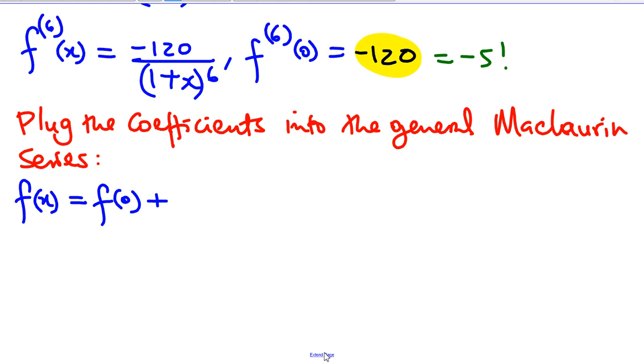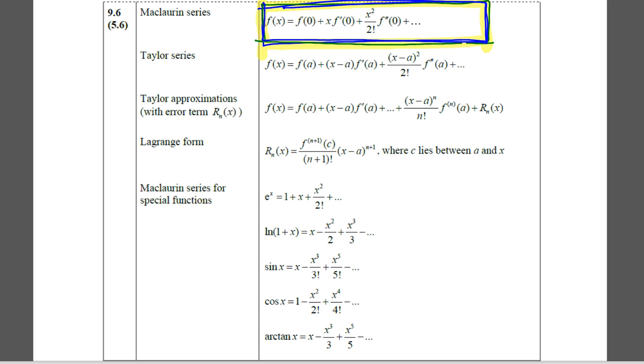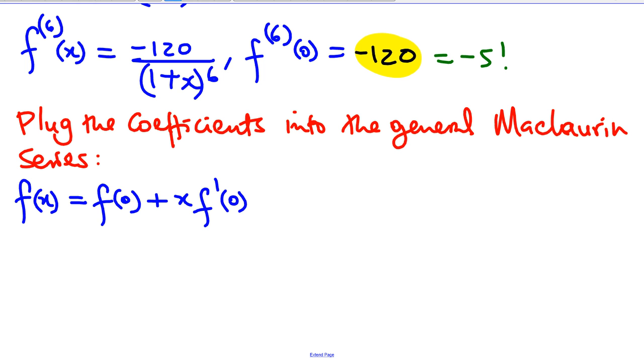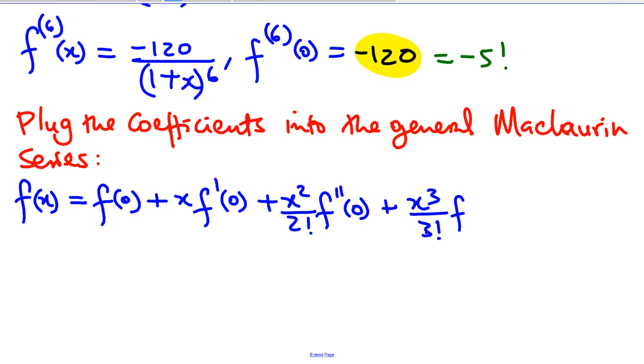But let me just write the whole expression: plus x f'(0), just copying what you have in the formula booklet here, plus x squared over 2 factorial, f''(0), plus x cubed over 3 factorial, f'''(0). I'll go up to probably x to the power 4: plus x to the power 4 over 4 factorial, fourth derivative at 0, plus whatever comes next.